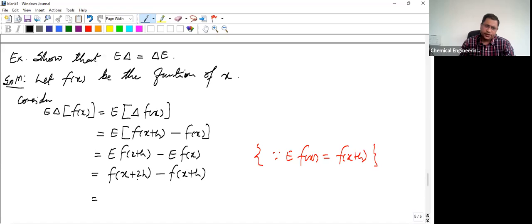Now, can I write this term as delta of f of x plus h?